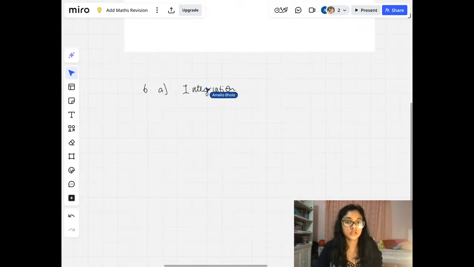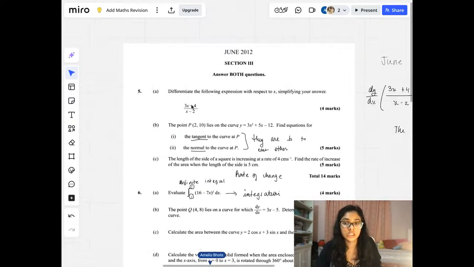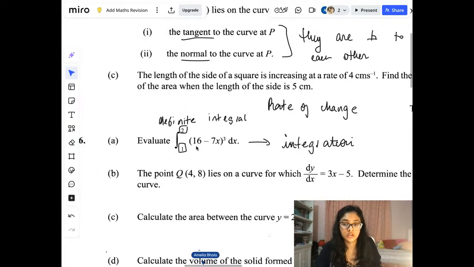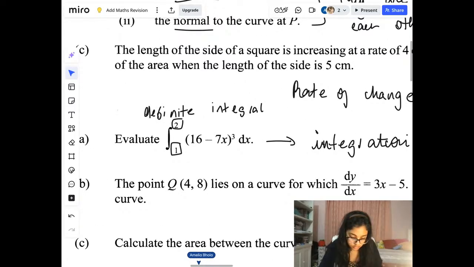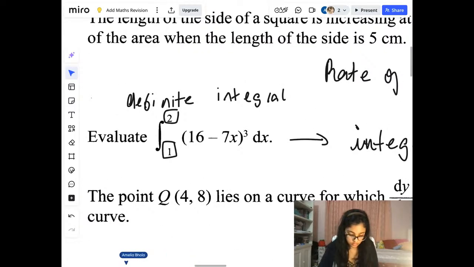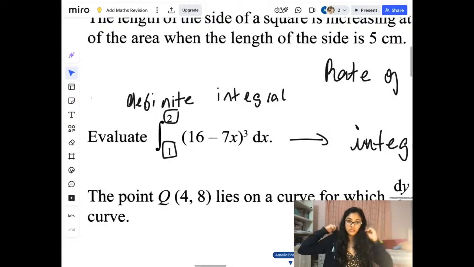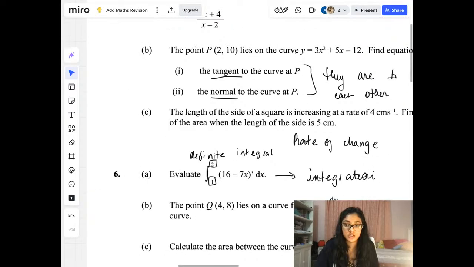All right. Let's write that down. So I want to evaluate this.